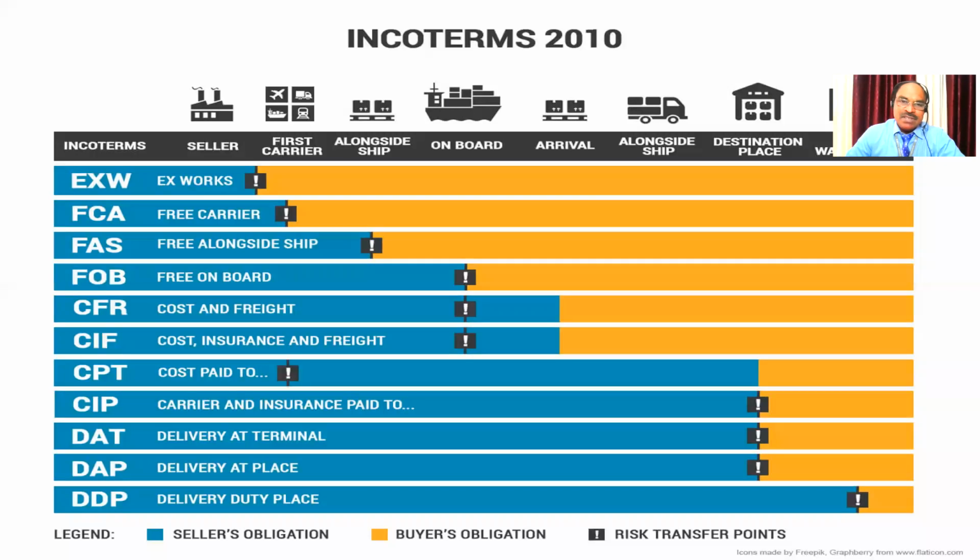Then FAS means, you can see, free alongside ship. India will take over the freight forwarder duty before boarding or loading onto the ship. That is, she will complete the export formalities in Sydney harbour. That's all.